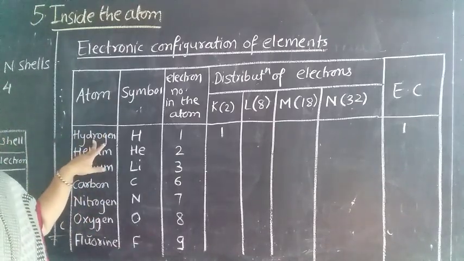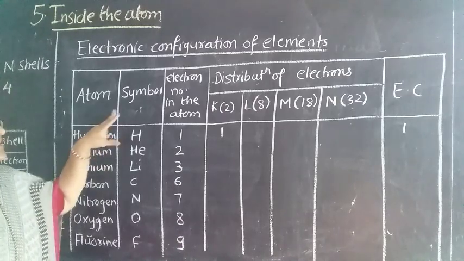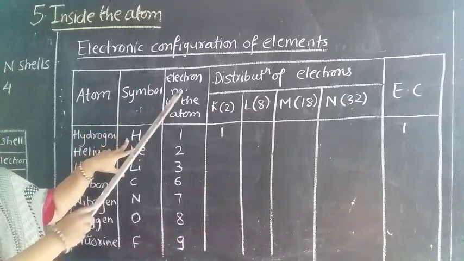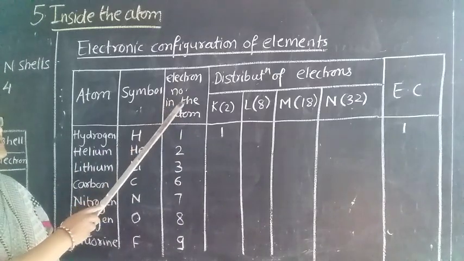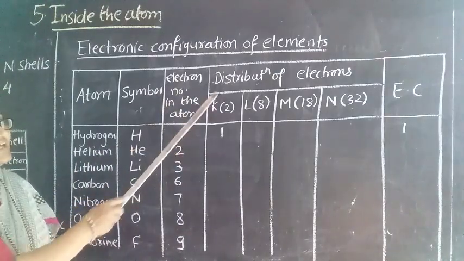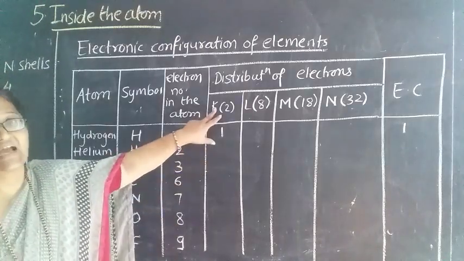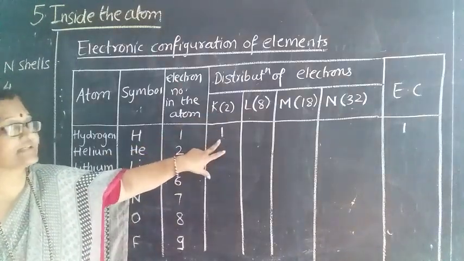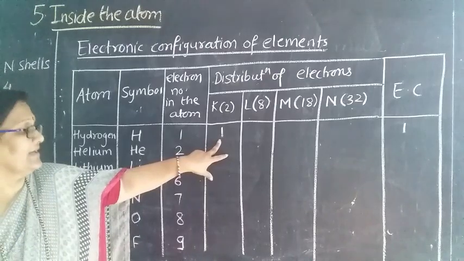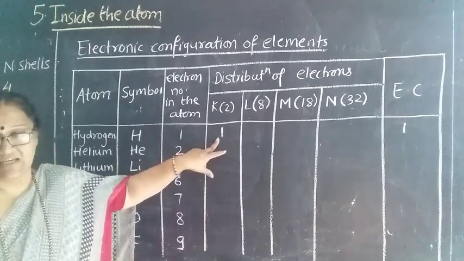So, first here we have taken hydrogen. The symbol is H. Number of electrons in the atom is 1. Therefore, for the distribution of electrons, we know K has a capacity of 2 electrons. Here we have given 1 electron in the K shell.